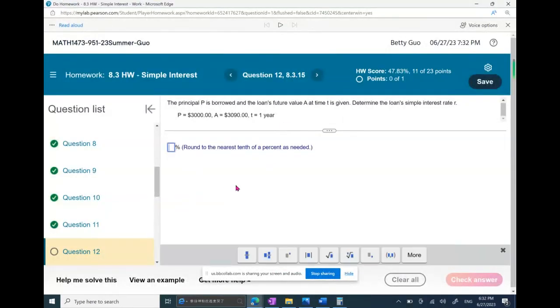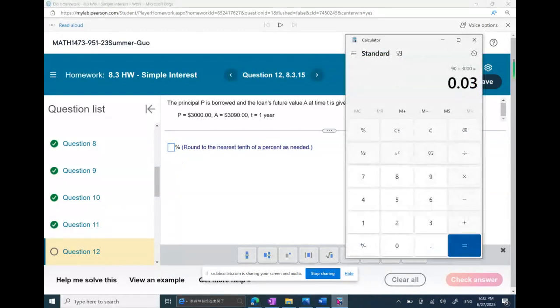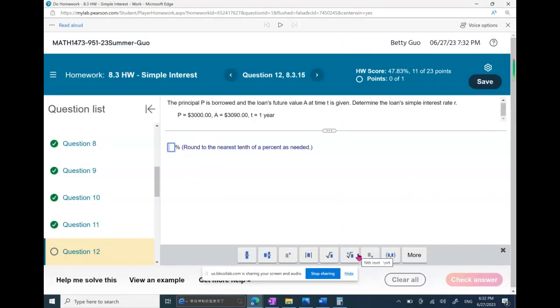Why do you need to practice? Why do you need to do your homework? You also need to pay attention to memorize something. And here we have a percent sign. So please do not enter 0.03. 0.03 is equivalent to 3%. So all you need to do is enter 3 here. Then you get it right.